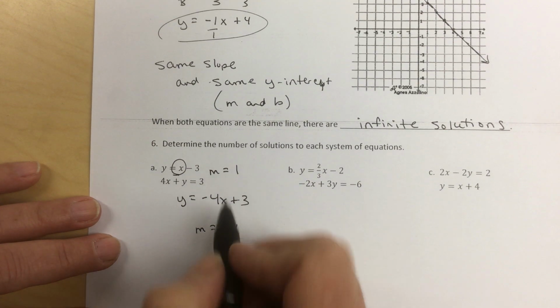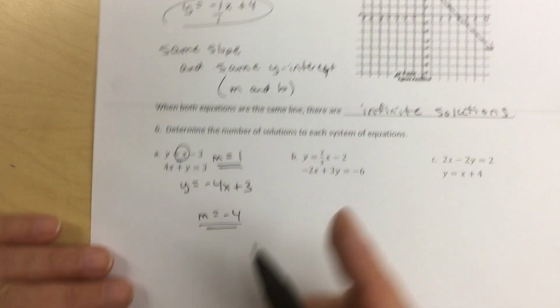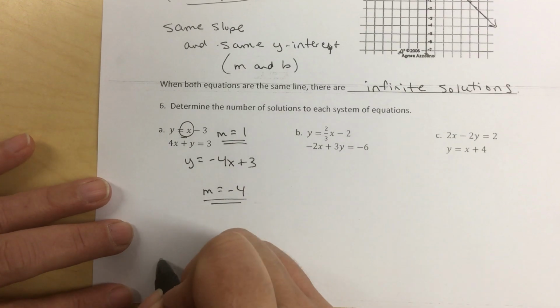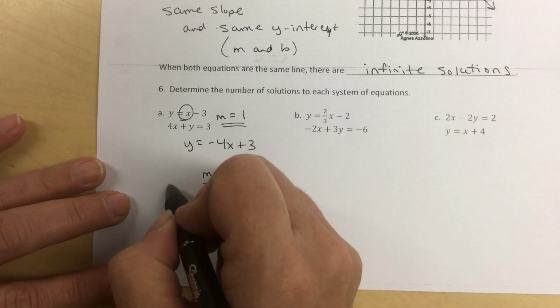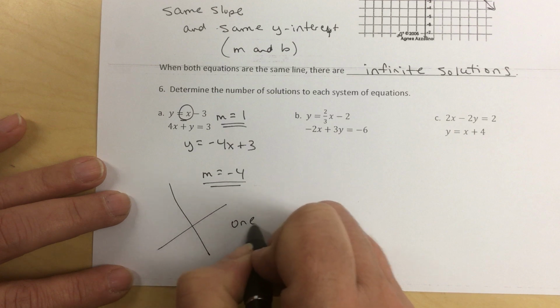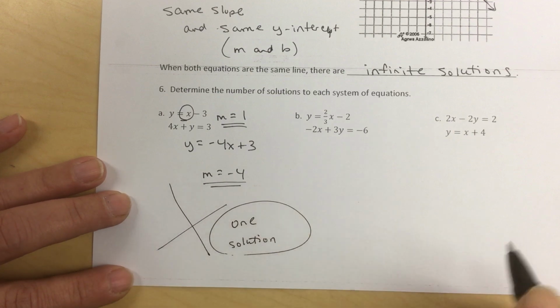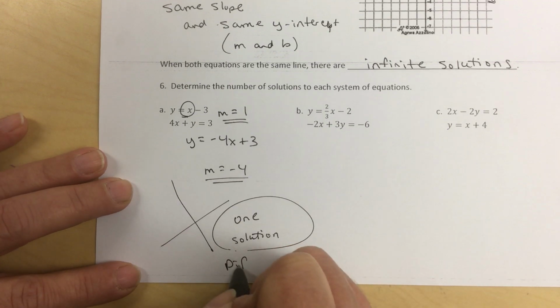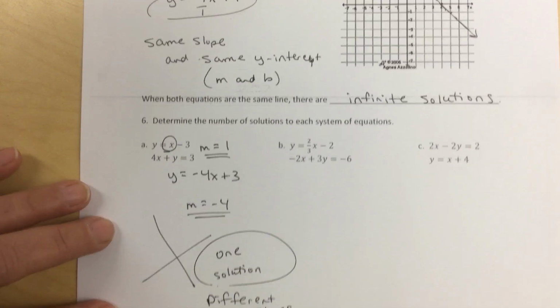When the slopes are different, one that has a slope of 1 is going to be going up this direction, and a slope of -4 is going to be going this direction, so it's going to cross somewhere. So this one has one solution. It's going to cross in one place. So different slopes means there's going to be one solution.